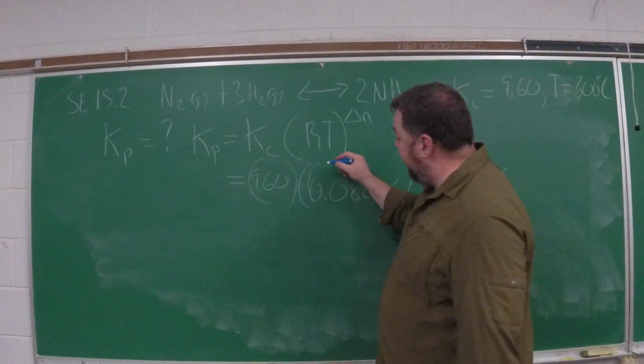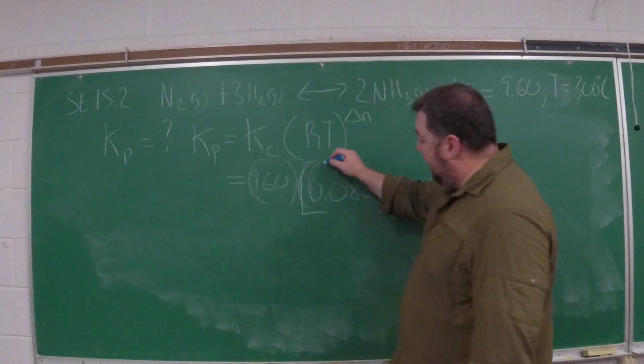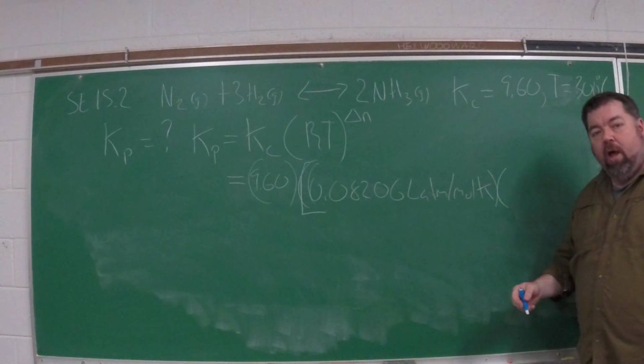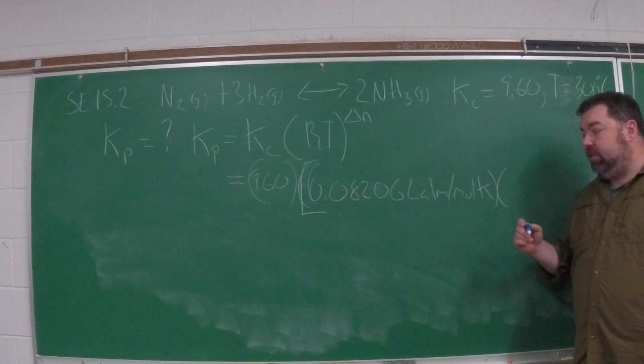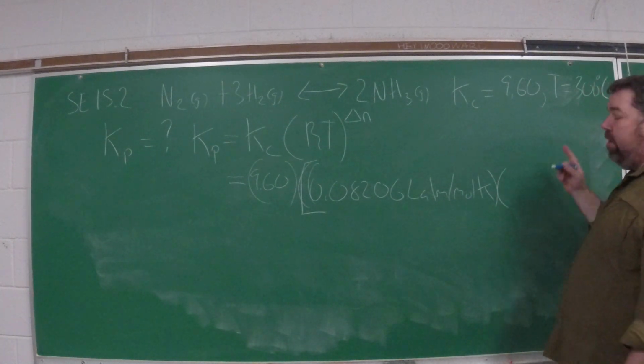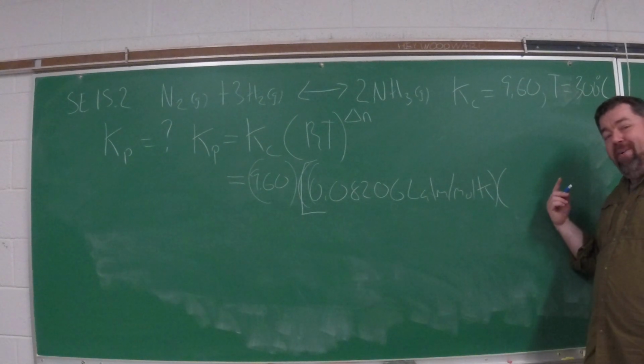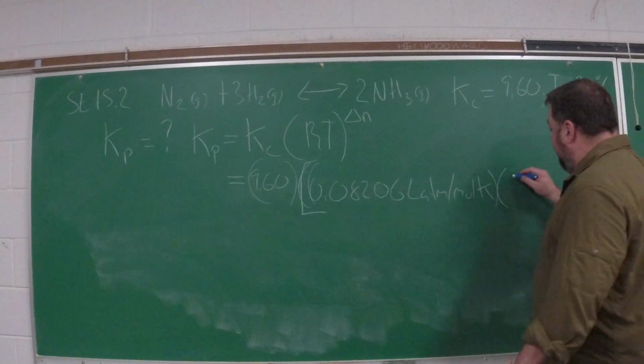Actually, I'm going to use brackets here because that has to be raised to the delta N, right? Moles of gaseous product minus moles of gaseous reactant. The temperature 300 plus 273.15 because we want Kelvin.